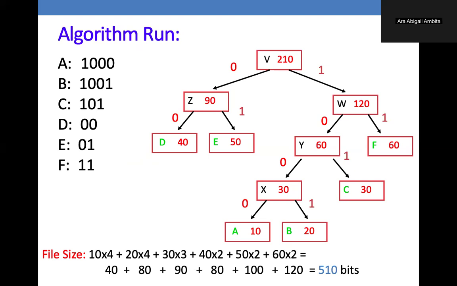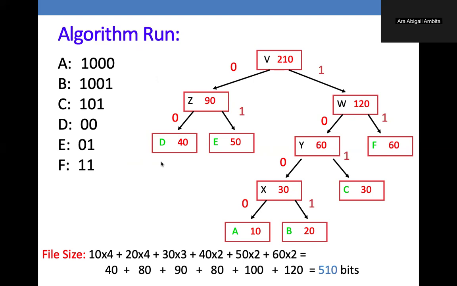For D, that's here. Where's D here? So 0 and then 0. For E, it's 0, 1. For F, where is F here? So it's 1, 1.